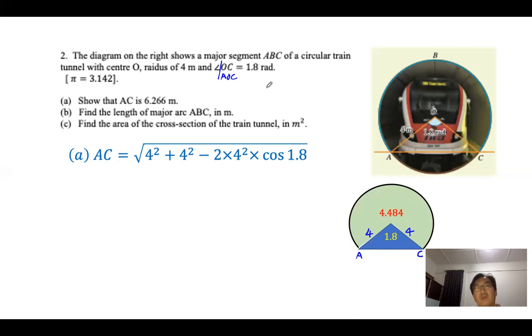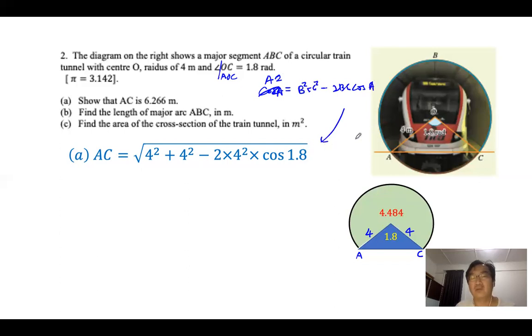Cosine rule is, sorry, A square equals to B square plus C square minus 2BC cos A. So we use this formula here.